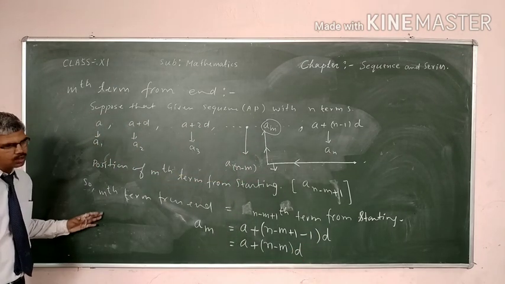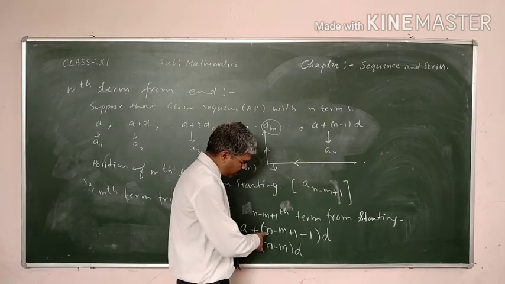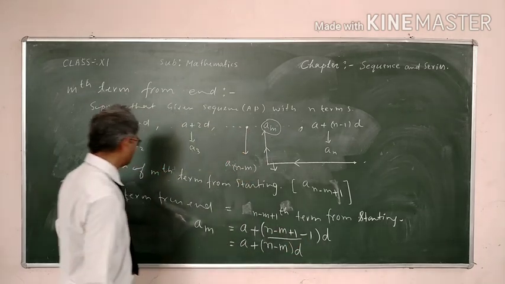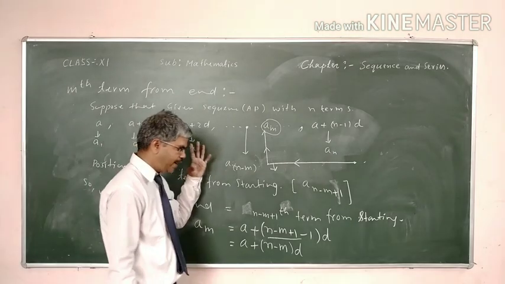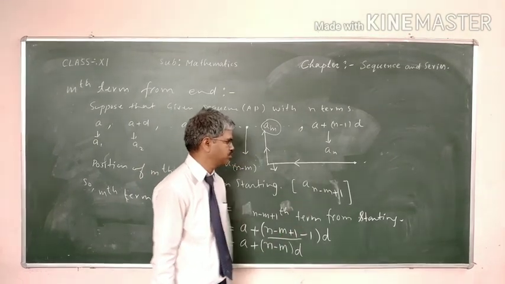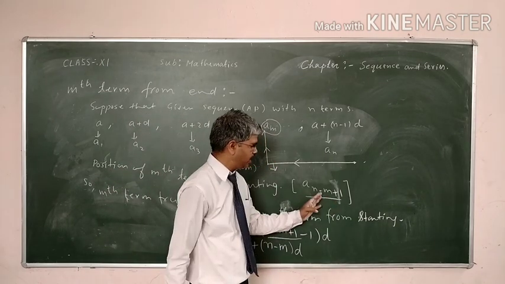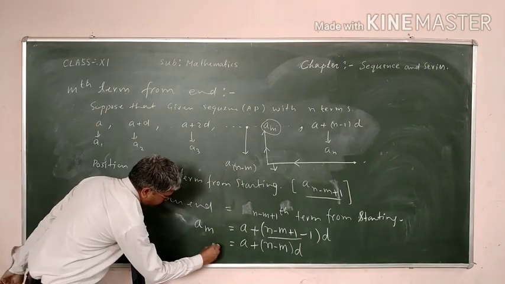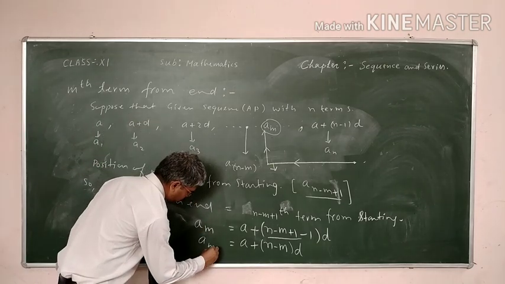Dear students, it is also very important why we are substituting n minus m plus 1, because this position from the first term, second term, third term, fourth term, nth term, this is the n minus m plus 1th term from starting. So this is the required formula for the mth term from the end.